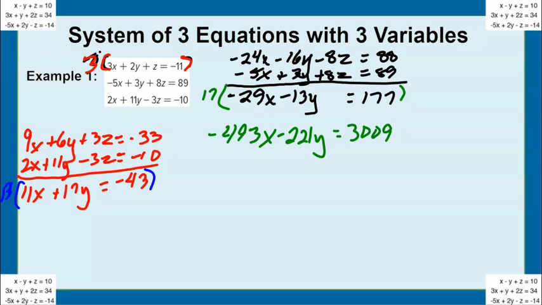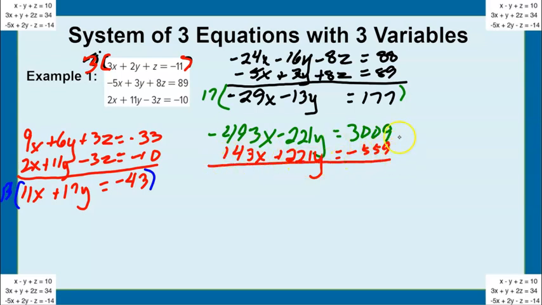And then the other one, I have 13 times 11x, which will give us 143x. And then I have 13 times 17y, which gives us a positive 221y equals negative 43 times 13. It's going to give us a negative 559.